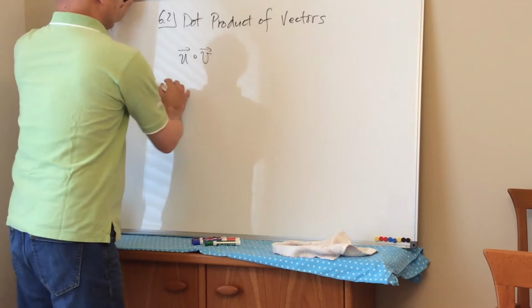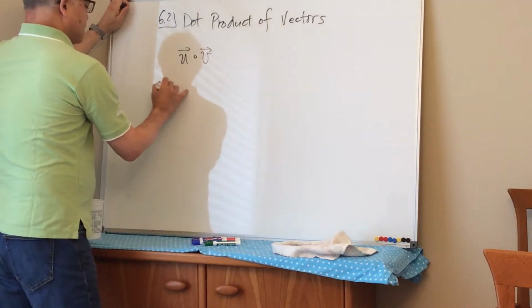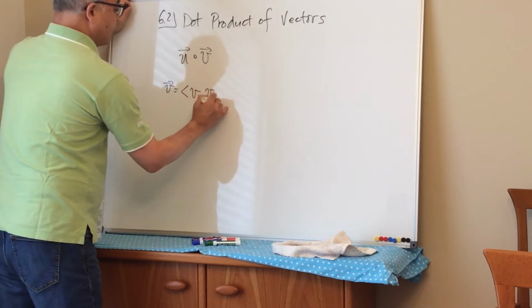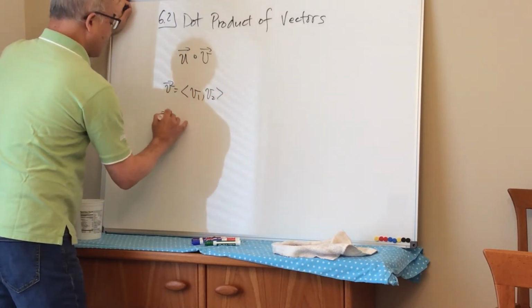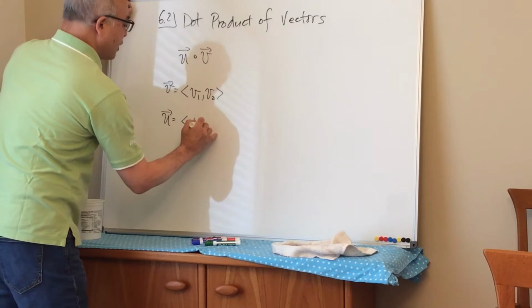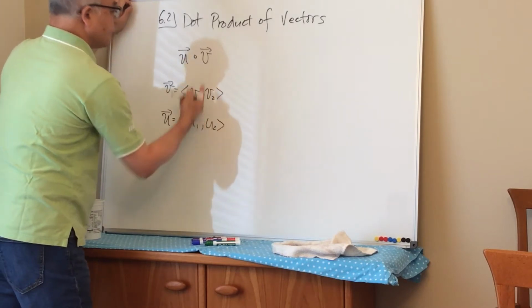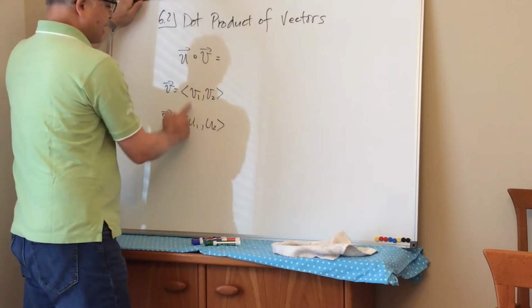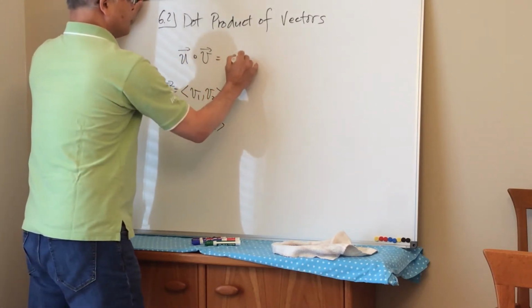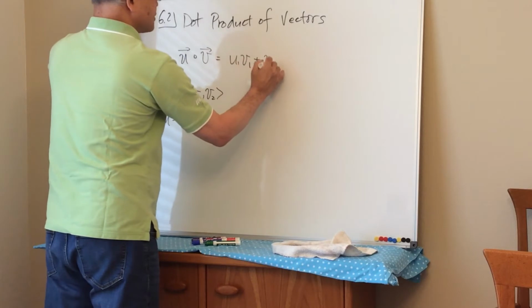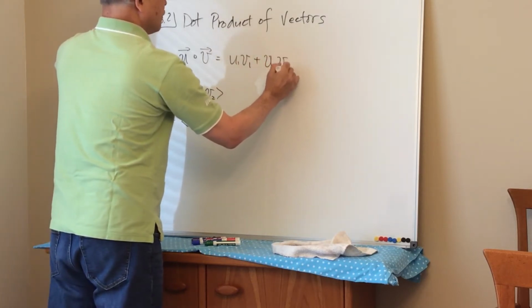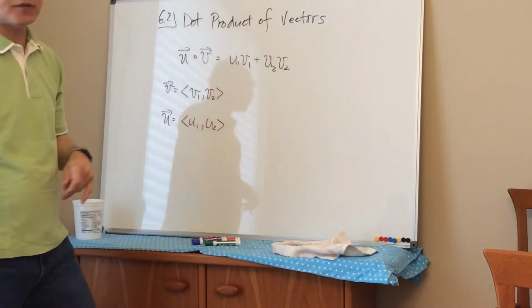If I have a vector v equal to v1, v2, and a vector u equal to u1, u2, the dot product is defined as we multiply the x's together, u1 v1, plus u2 v2. Okay, so this is brand new.